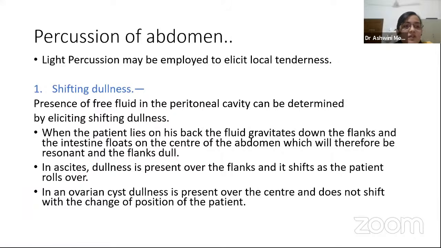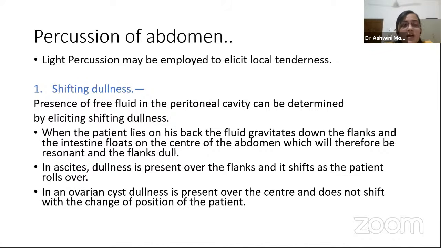The specific test we are doing in the percussion is, first, shifting dullness. The presence of free fluid in the peritoneal cavity can be determined by eliciting the shifting dullness. When the patient lies on his back, the fluid will gravitate down to the flanks, and the intestine floats in the center of the abdomen, which will therefore become resonant, and the flanks will be dull.